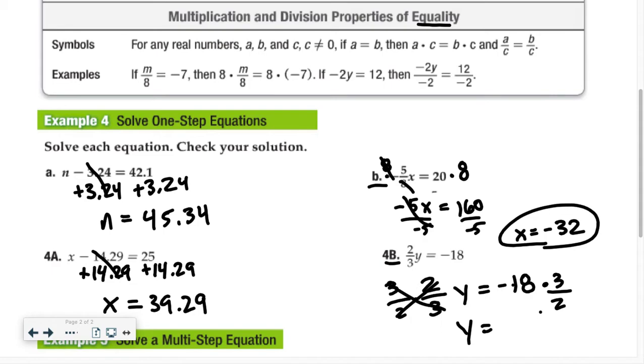Then you're going to divide by 2. Negative 27. So really, still kind of two steps on the calculator, but they consider that to be one step if you multiply by the reciprocal. Okay, either way works. We got rid of the fraction. Either way, got the right answer. Okay, so there's one-step equations, what they consider one step.